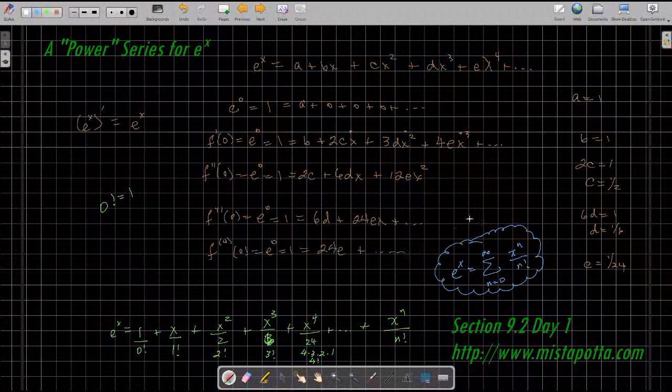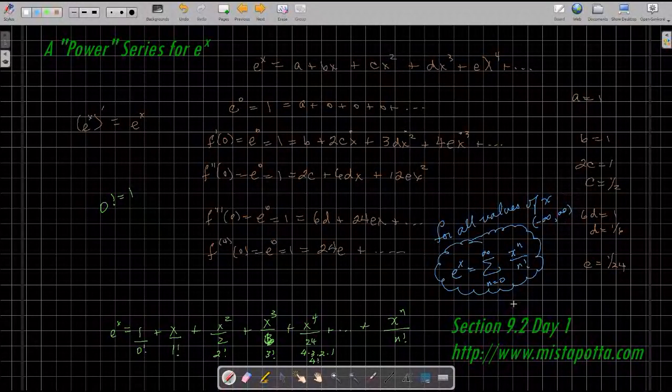But this is actually true for all values of x. In other words, my interval of convergence really goes from negative infinity to infinity.